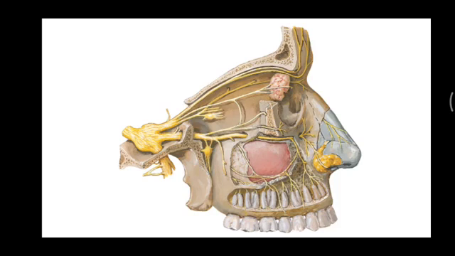Next branch is the posterior superior alveolar nerve, otherwise known as the dental nerve. It enters through one or more foramina on the posterior surface of the body of the maxilla. This is the posterior surface of the body of the maxilla. It enters through there. Then what happens? You can trace the nerve to this region. So it comes here and it supplies the mucous membrane of the maxillary sinus in this region.